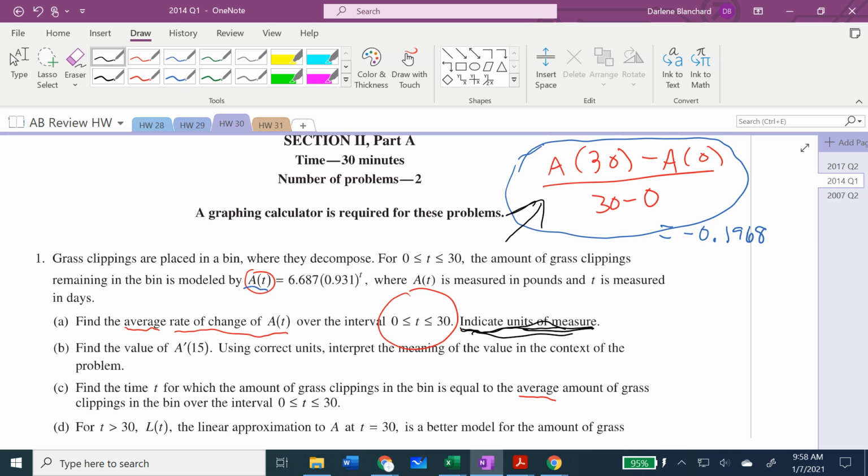You don't want to miss that. So then you want to look at the fact that this is a change in A over a change in time. A is measured in pounds, T is measured in days. So that is going to be pounds per day.